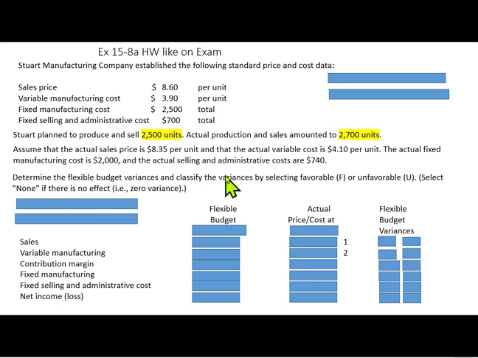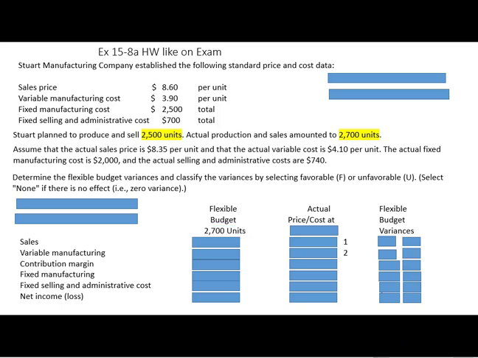So the first question you have to ask is, what should we use as a flexible budget unit number? Should we use 2,500 units? Should we use 2,700 units? That's really the first thing you need to do, and that's the key to the whole problem. And the answer here is, if you're operating under a flexible budget, you need to always use what you actually produced and sold, which was, in this case, 2,700 units.